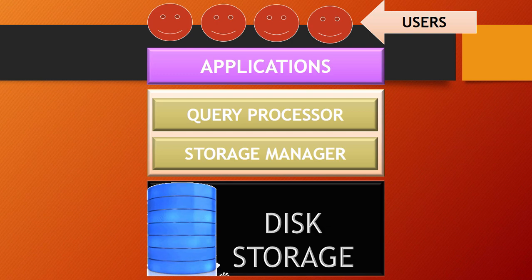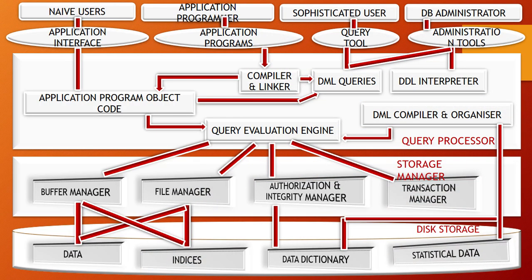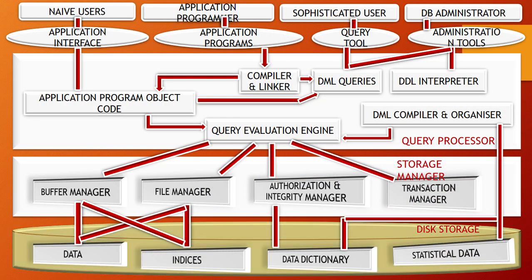We have also seen this query processor and storage manager is acting as a basic or working part of this DBMS. But without users, application and this disk storage, it is not working. So that's why these users, application and disk storage are also part of this DBMS architecture. And in this video, the last component of this detailed architecture is disk storage, which is highlighted over here.